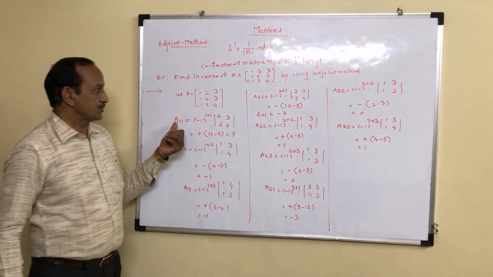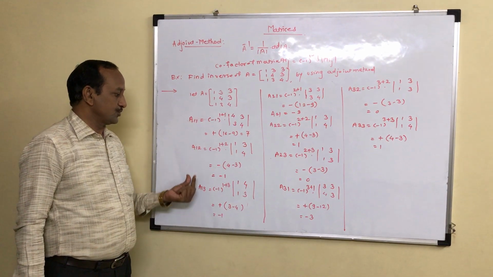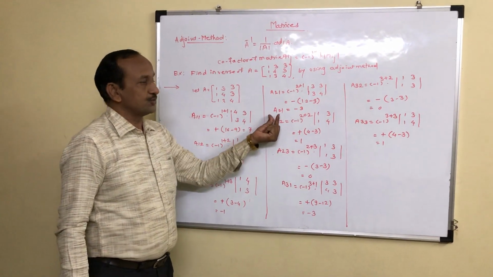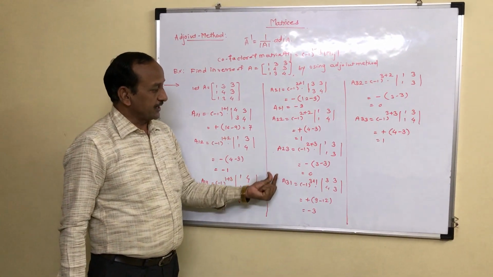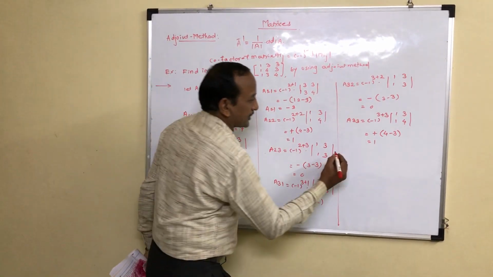So these are all the cofactors of this matrix: A11, A12, A13, A21, A22, A23, A31, A32, A33. Now write the cofactor matrix.